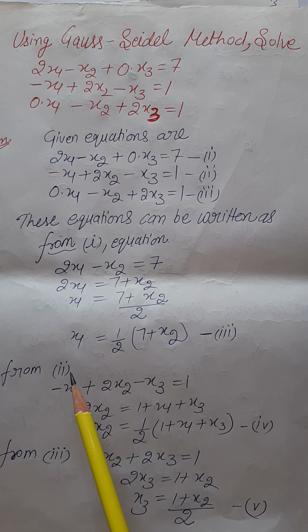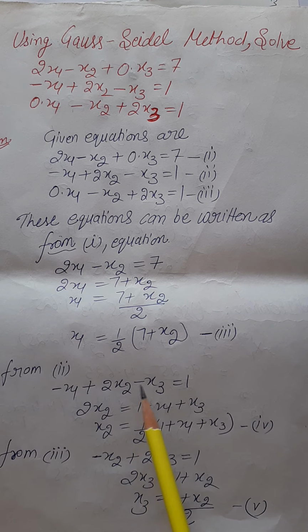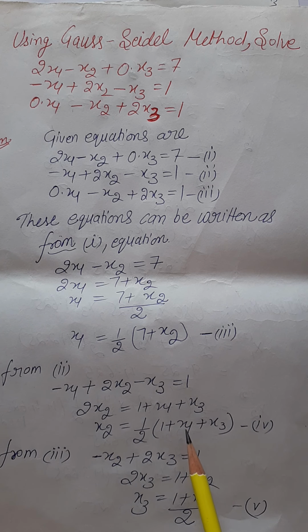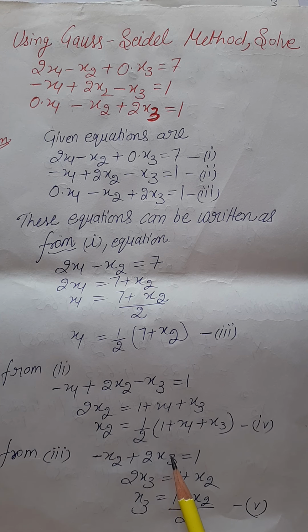Now from the second equation, minus x1 plus 2x2 minus x3 is equal to 1, the largest coefficient is 2, of x2. So we can find the value of x2 from this equation. In the same way, from the third equation, the largest coefficient is also 2, of the x3 variable.